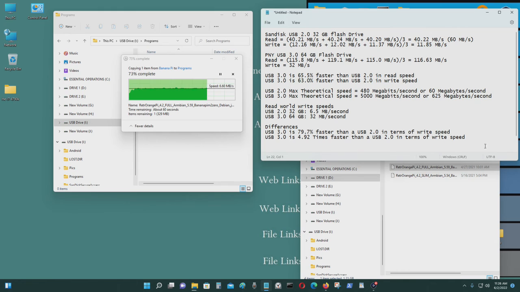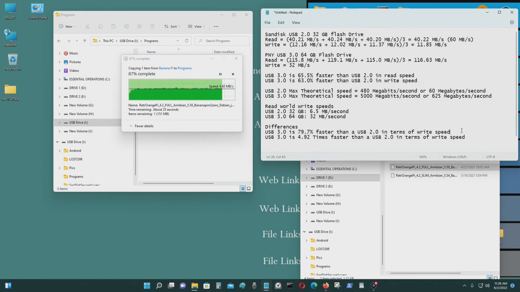So as you can see, the write speed is considerably faster. However, it's not using the full potential of its USB 2.0 bandwidth, which is about 60 megabytes per second.